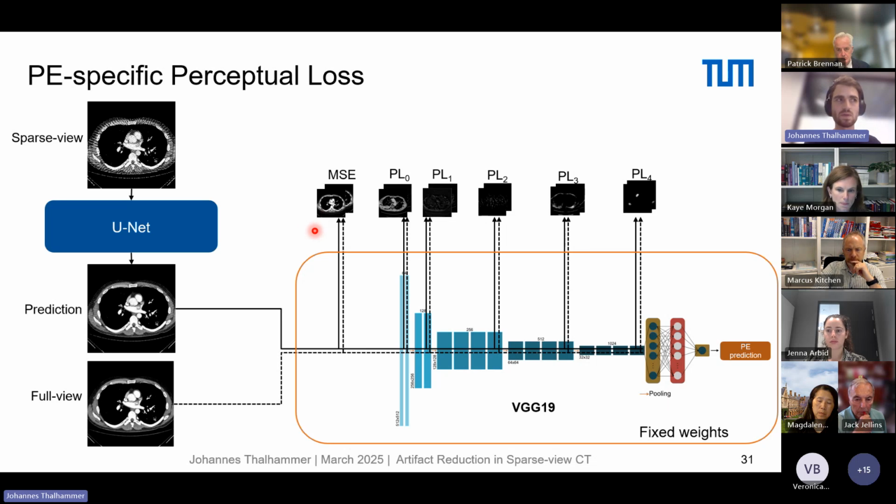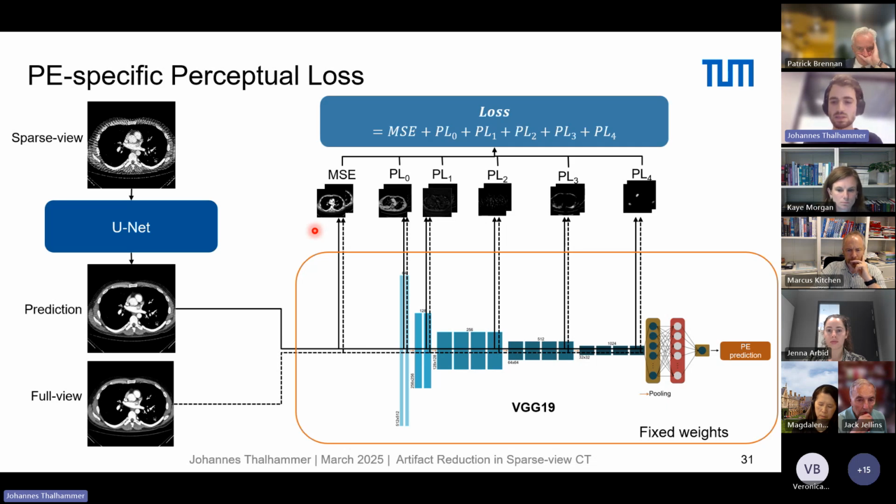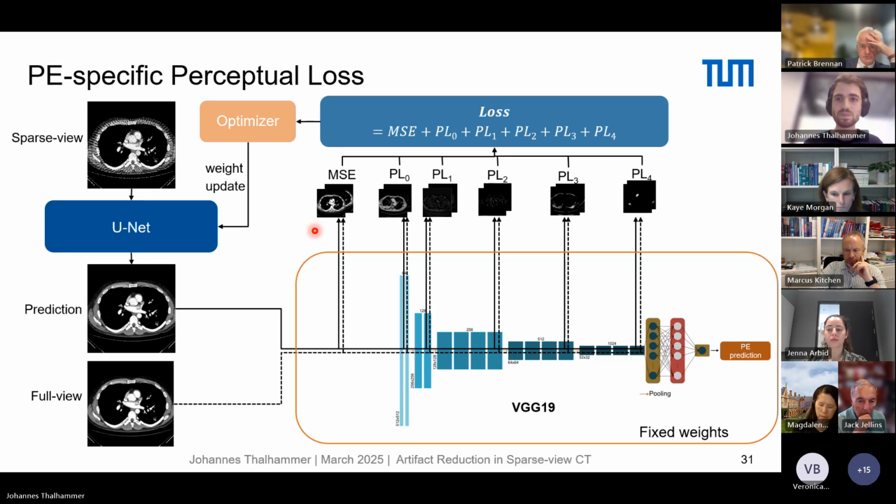So in essence, you could also view that as, instead of calculating the loss only in image space, you calculate the loss in a high-level representation space of our input data. So we calculated the loss, fed that one back into our network, and trained our artifact reduction network with this.